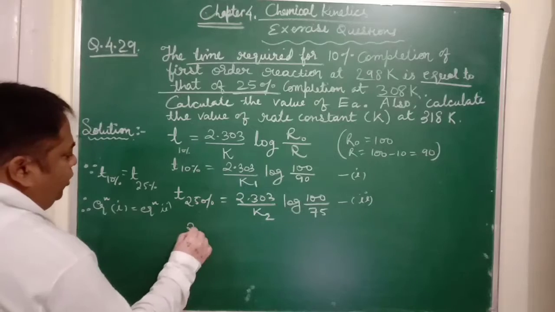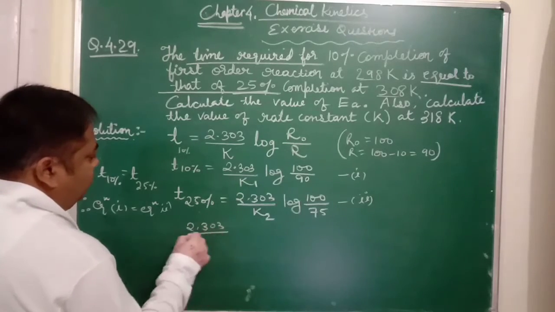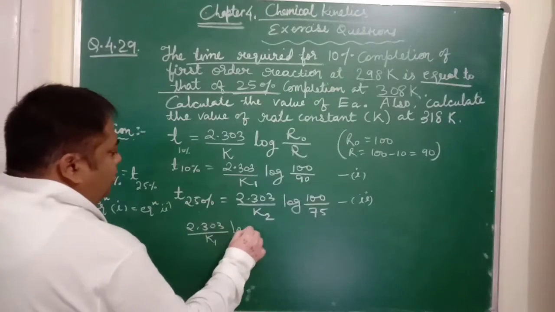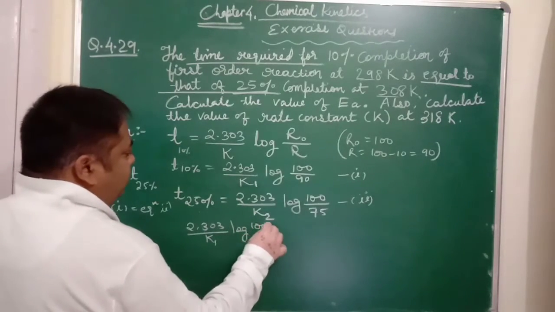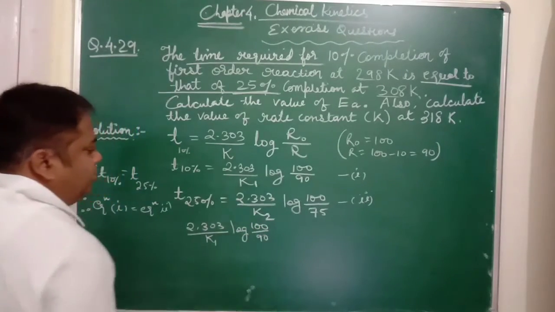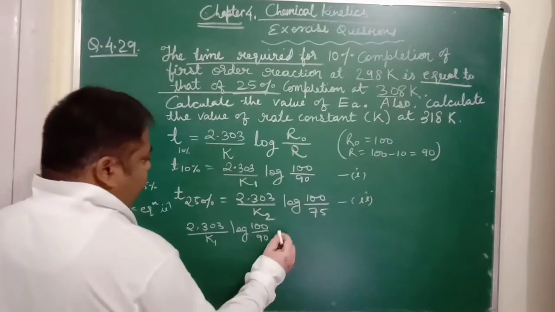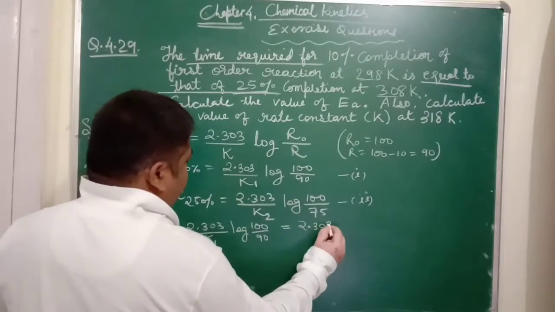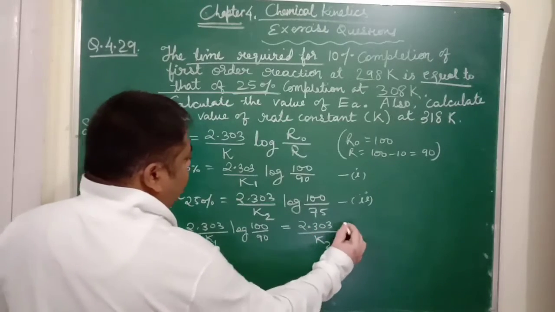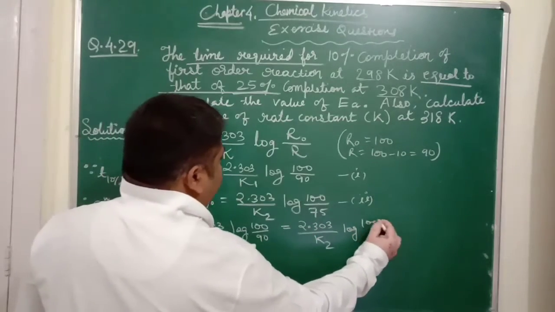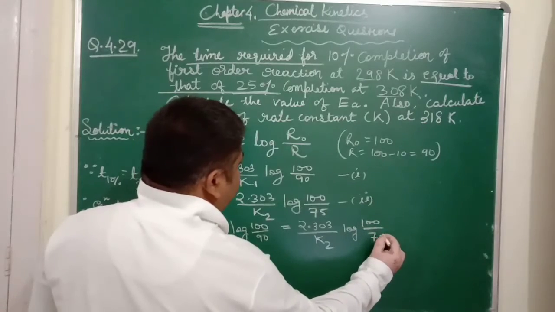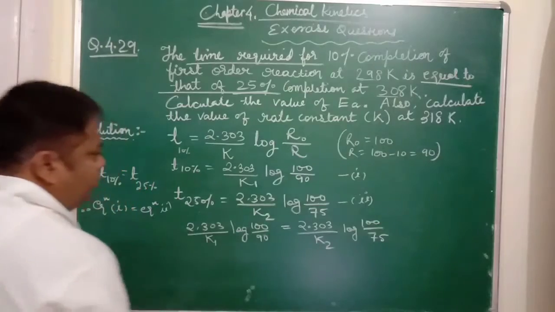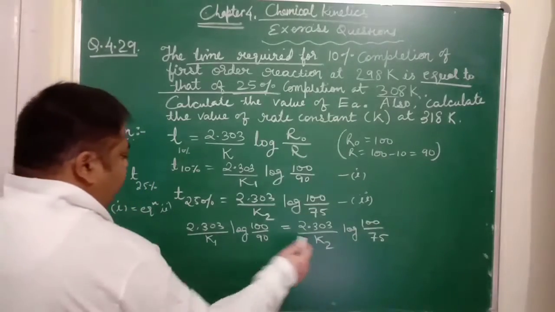Hence we can write 2.303 by k1 log 100 by 90 is equal to 2.303 by k2 log 100 by 75. From this we can now find the value of k2 by k1.